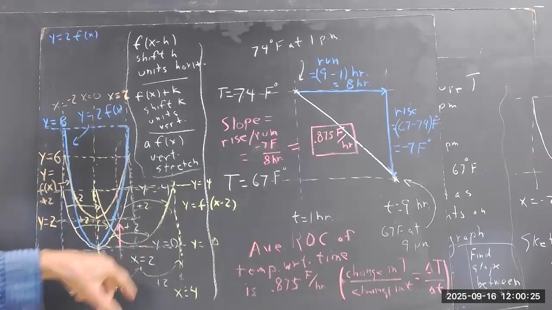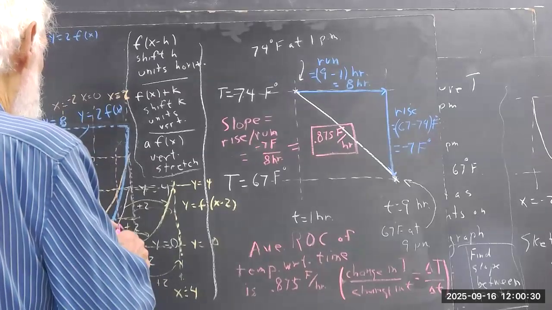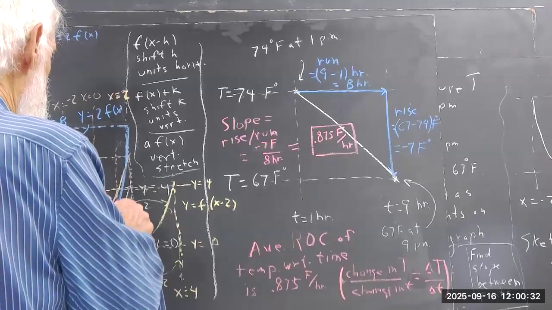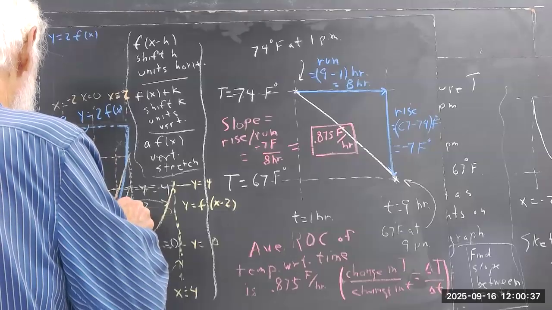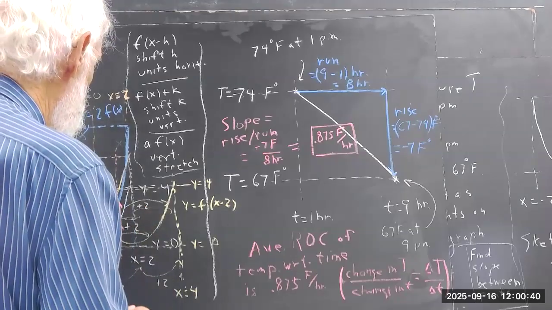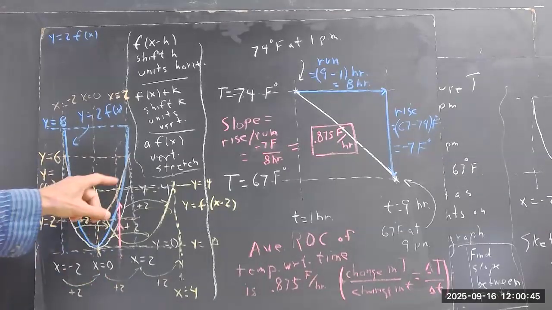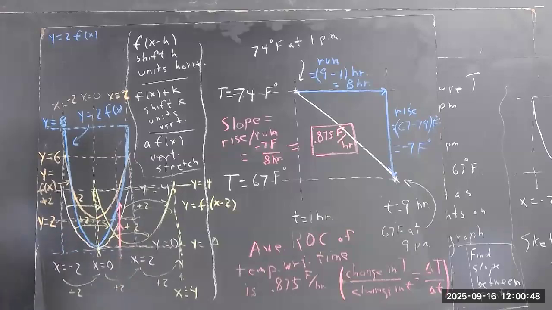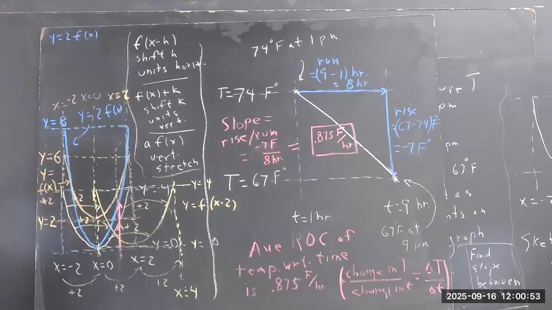Looks like a little bigger than 1.2 or whatever. Doesn't matter what it is. If I draw another arrow right on top of that of the same length, I get to the blue graph, right? Every point on the blue graph should be twice as high as the corresponding point on the original graph. Every point on y equals 2f of x should be twice as high as on the graph of y equals f of x.